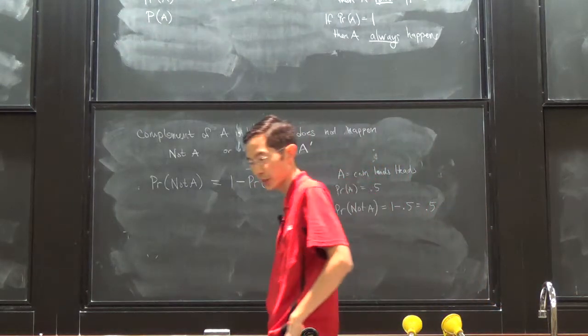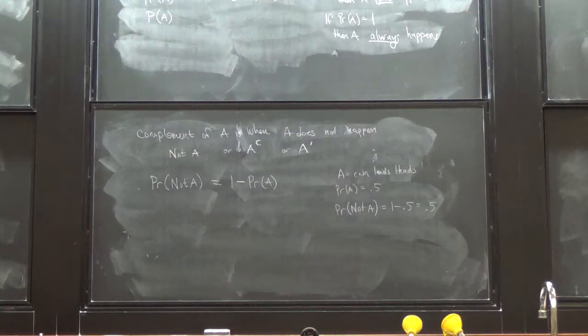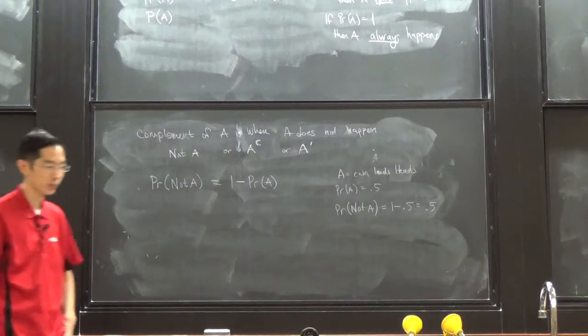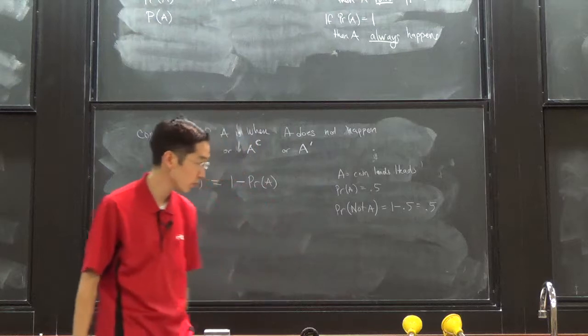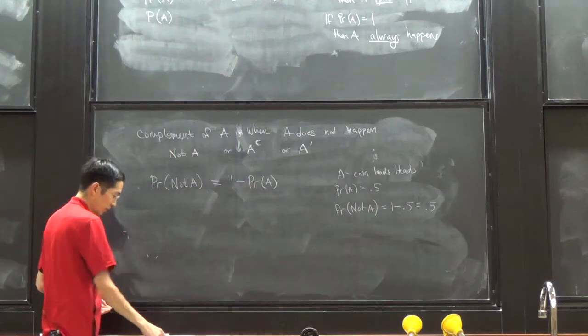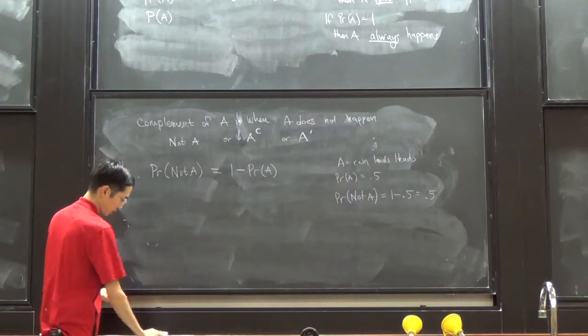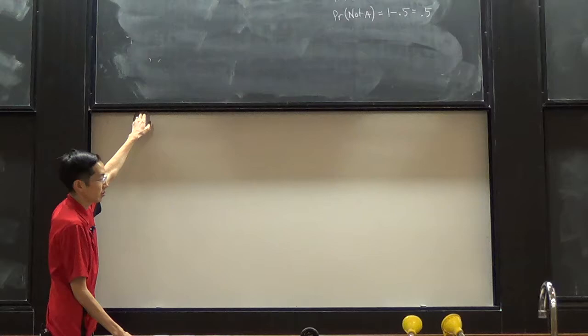And we might define not A being tails, and say everything else is impossible or negligible. When we have simple outcomes, we can find our theoretic probabilities rather easily.